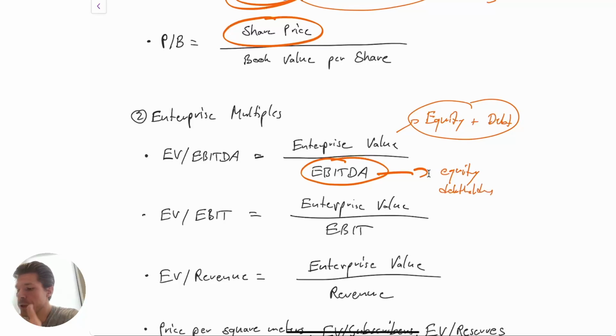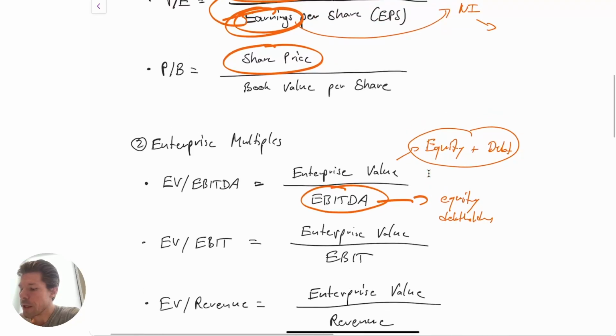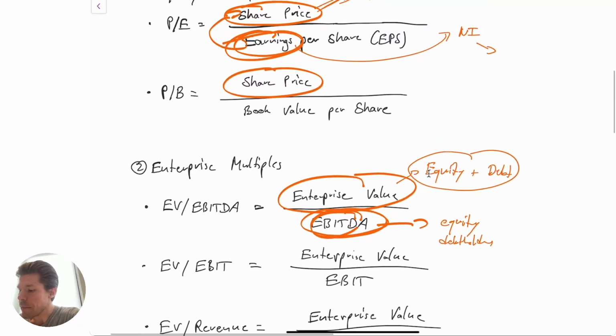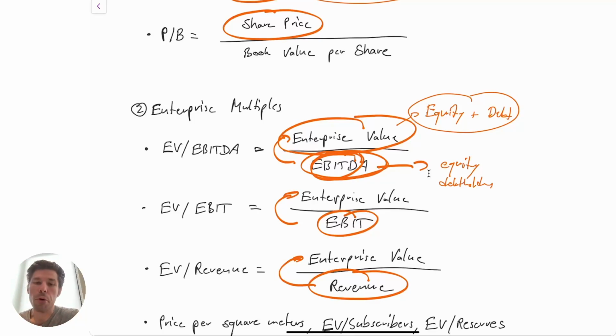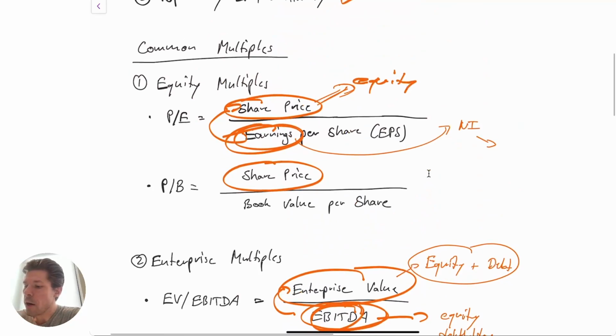So when you use different multiples, we want to ensure that the denominator matches with the numerator. If it's a figure like EBITDA, EBIT, or even revenue, these are all enterprise value figures because those cash flow approximations are available to both equity holders and debt holders. Whereas when we look at equity multiples, here we only look at the equity side.